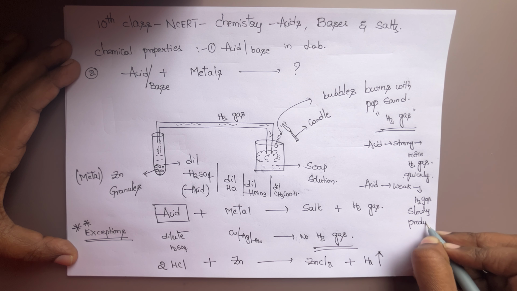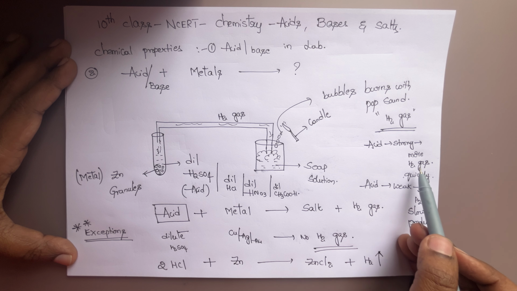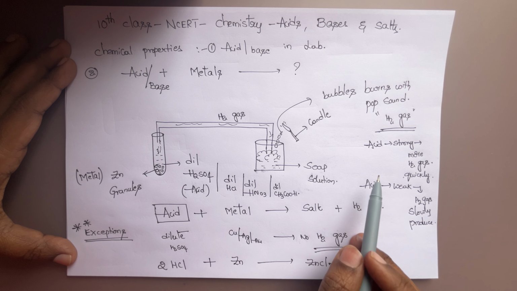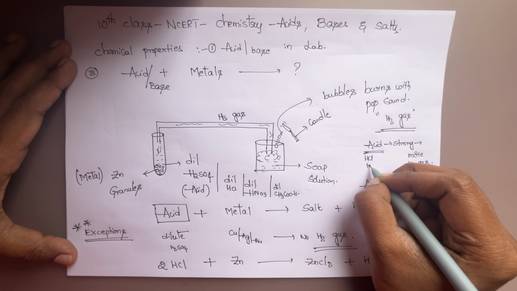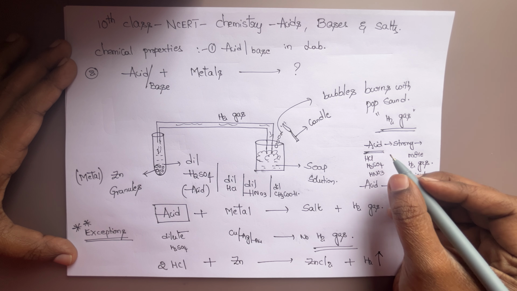That is the only difference. Production of hydrogen gas is compulsory, but quickly or slowly depending on the strength of the acid. What are strong acids? We have HCl, H2SO4, HNO3: hydrochloric acid, sulfuric acid, and nitric acid. What are weak acids? Acetic acid is there.